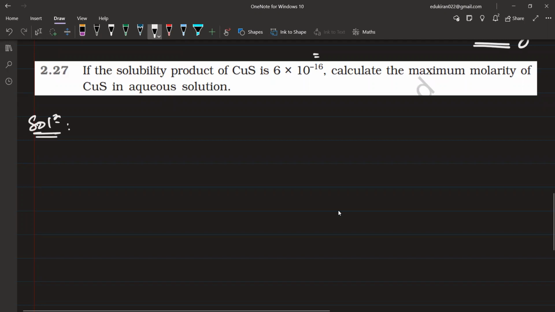This is from the solubility product from equilibrium of the previous class. है ना? What is solubility product?